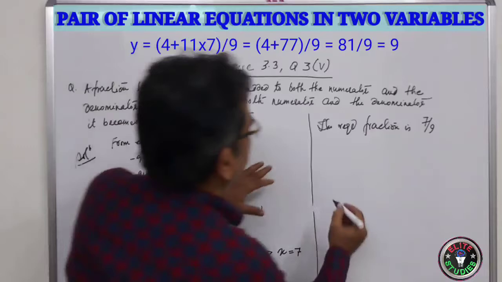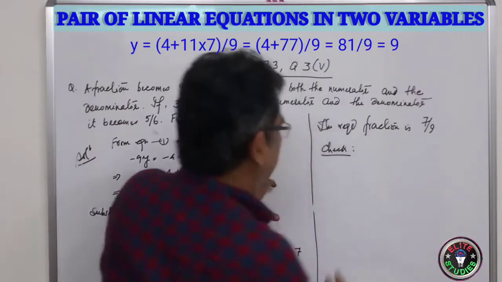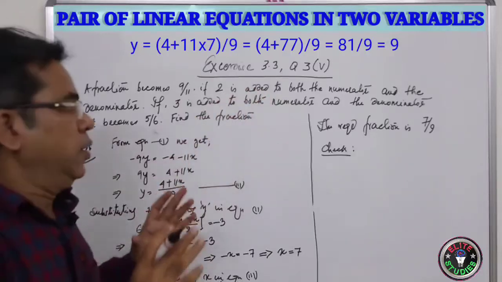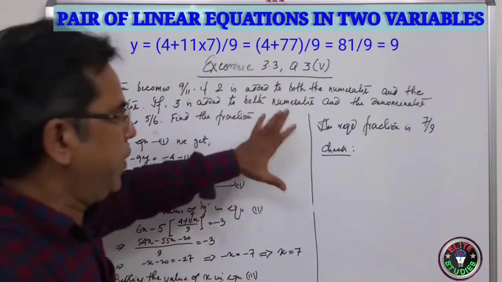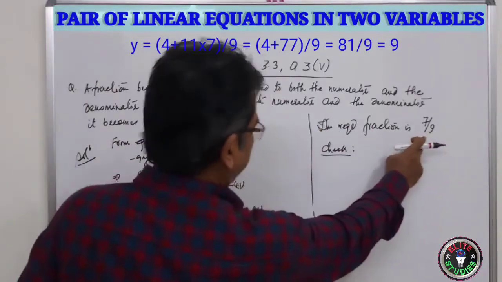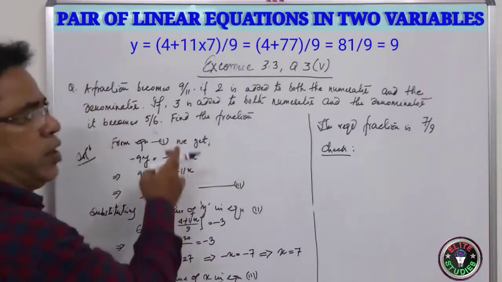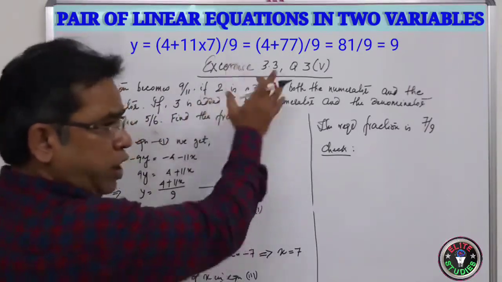Let us check. In this type of questions, you should remember always that we can easily check whether our answer is correct or not. So when you got this answer, don't try to check it by the equations you have framed. You try to check it from the question itself.